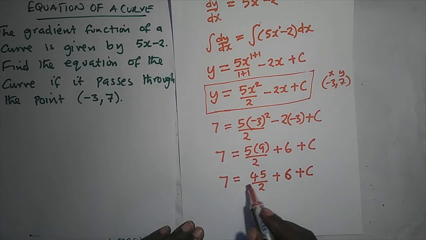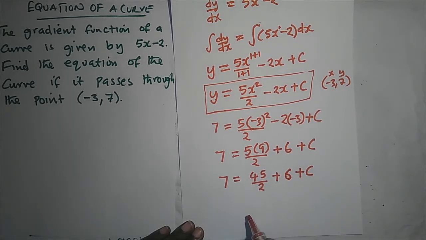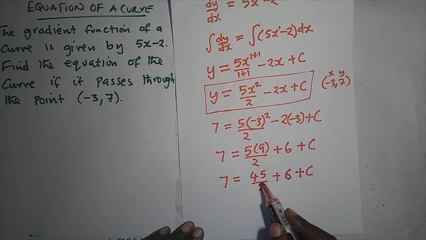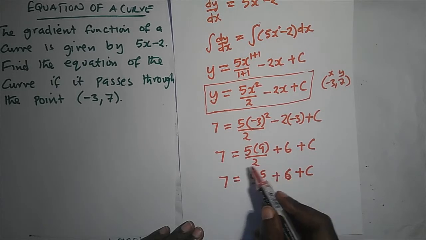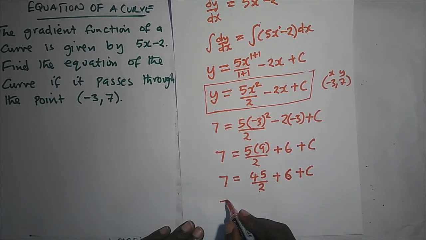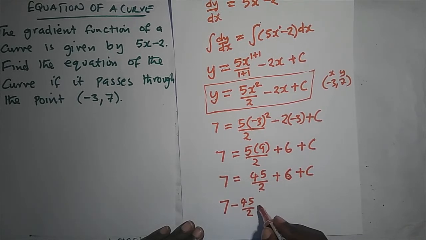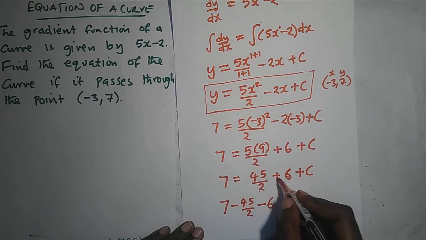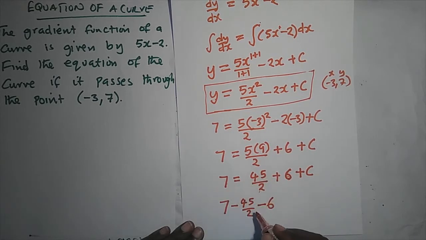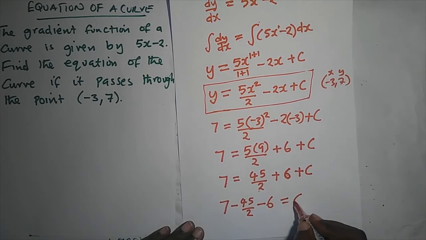Now when you reach this stage, you collect like terms. There's 7 here, so you move 45 over 2 and 6 to this side. So you're going to have 7 minus 45 over 2 minus 6, because when these two positive terms cross the equal sign, they become negatives, is equal to c.